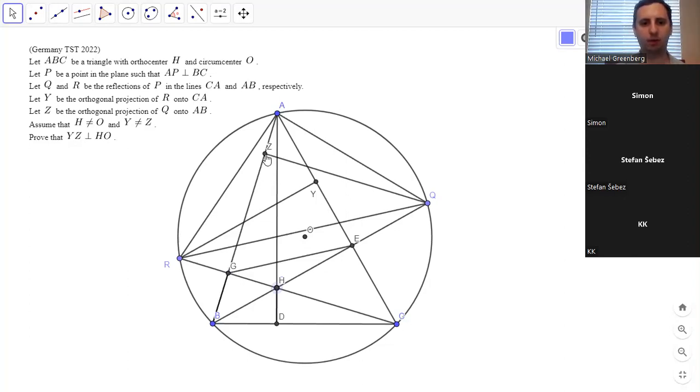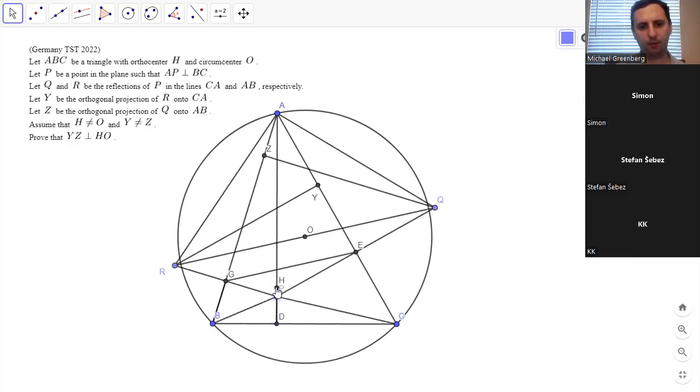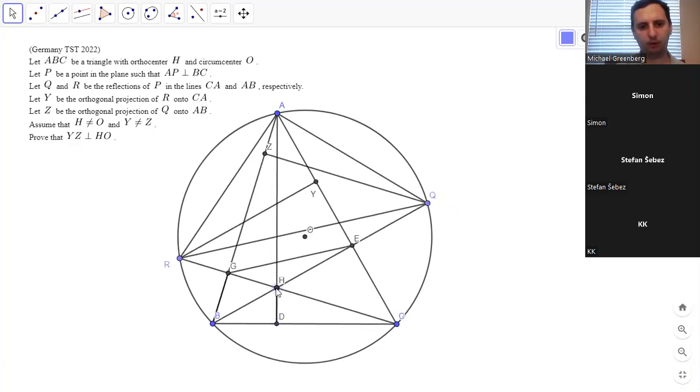Maybe this is bashable, because ZH squared, we could also say ZH is ZR, right, by symmetry. Is that always? Yeah, that's actually just true in general. So if we let P equal H, then ZH is ZR and YH is YQ. So then we want to find ZR squared minus YQ squared. I don't know if it helps.